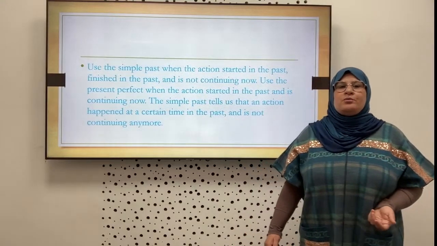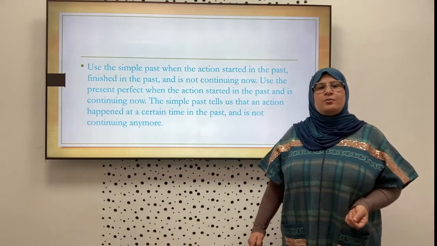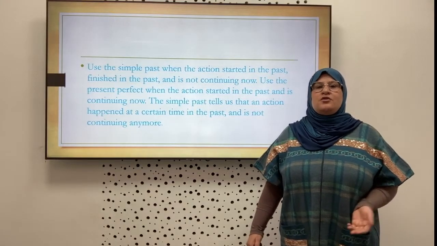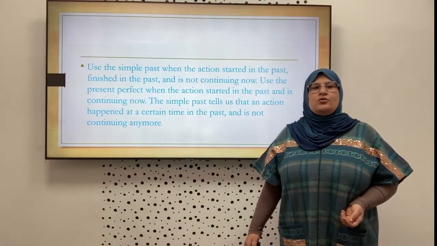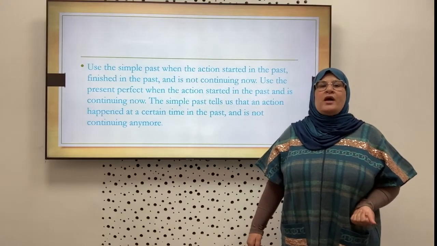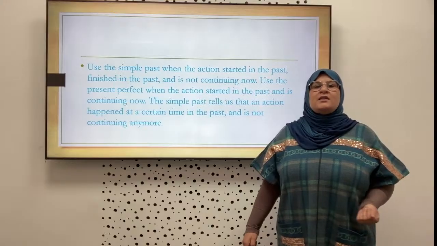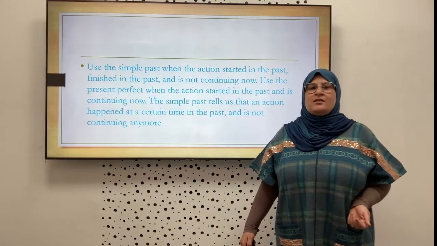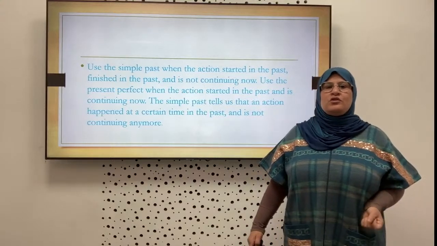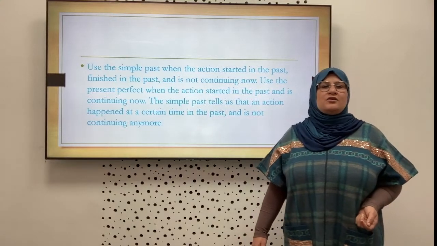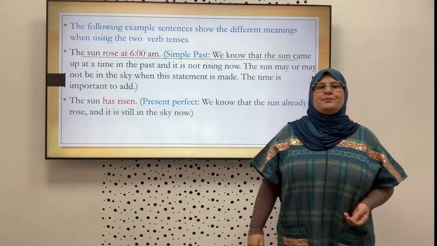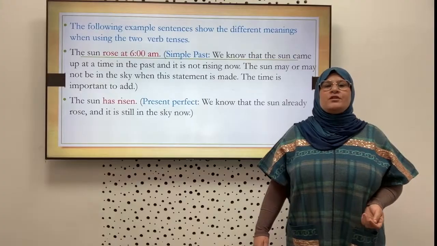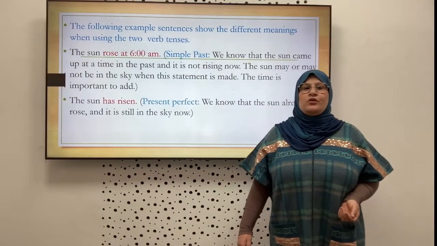Normally, we use the simple past when the action started in the past and finished in the past, and is not continuing now, while we use the present perfect when the action started in the past and is continuing now. The simple past tells us that an action happened at a certain time in the past and is not continuing anymore. The following example sentences show the different meanings when using the two verb tenses.